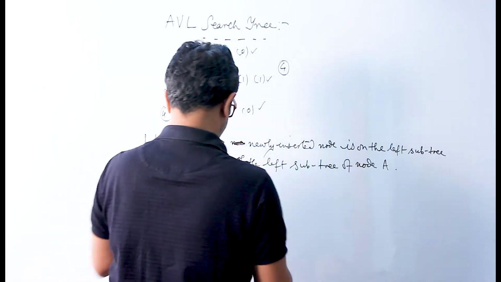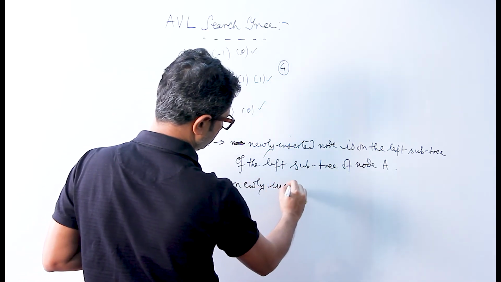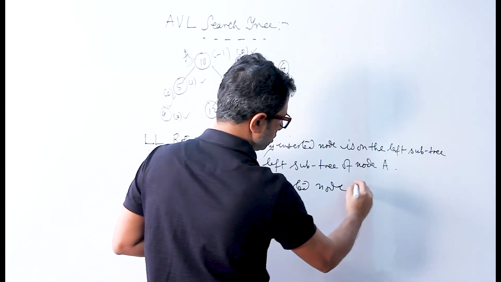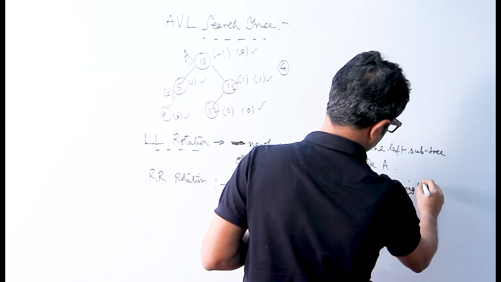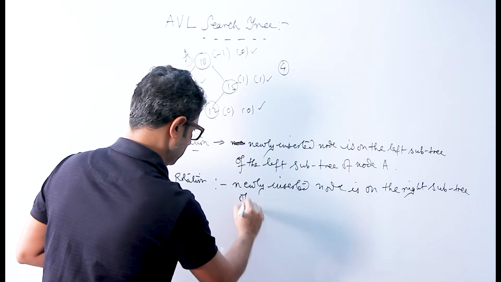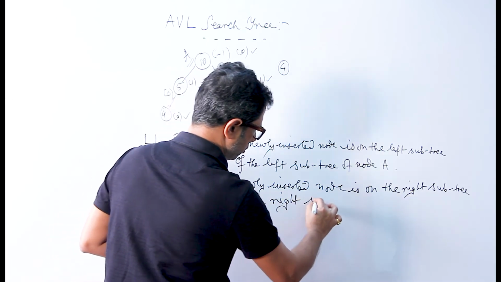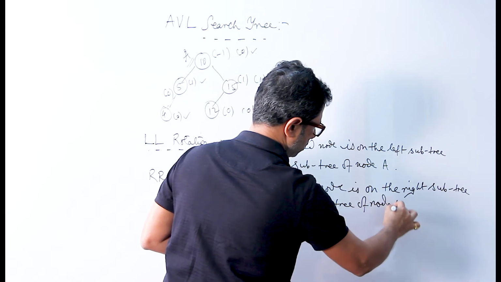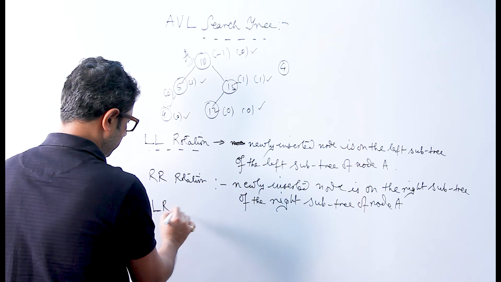If the newly inserted node is on the right subtree of the right subtree of node A, then there is another rotation which needs to be performed, called the LR rotation.